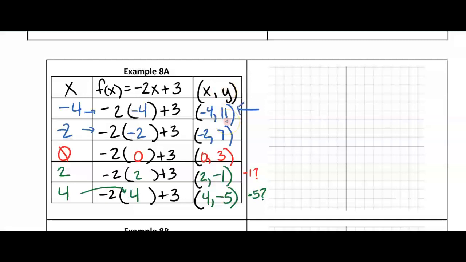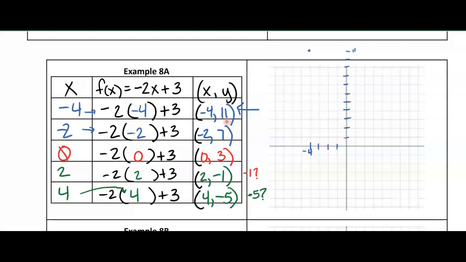Negative 4, that means I'm going to want to find the place that corresponds with the x value of negative 4. This one might not fit on my graph because my y value is 11. 1, 2, 3, 4, 5, 6, 7, 8, 9, 10, 11. So it would be somewhere around here, roughly. I'm not going to lean too heavily on that because that's a bit off my graph.